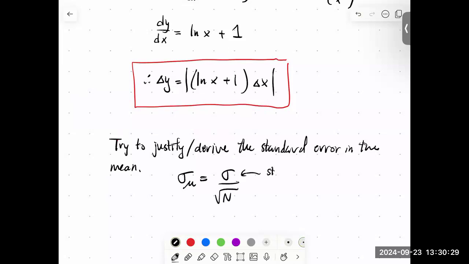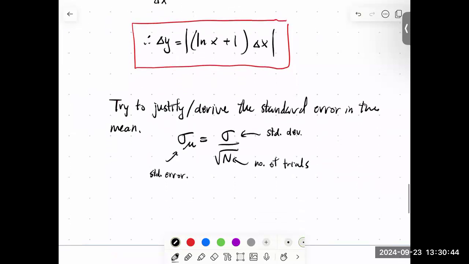So this is the standard deviation, this is the number of trials, and this is our standard error. What I want to do is use propagation of errors to see if we can recover this result.